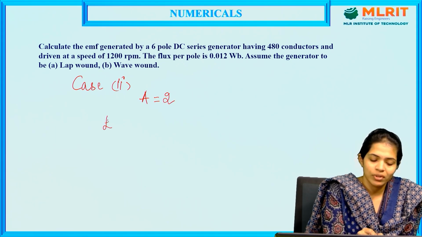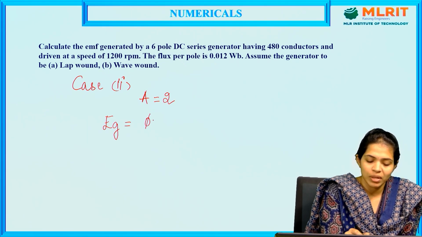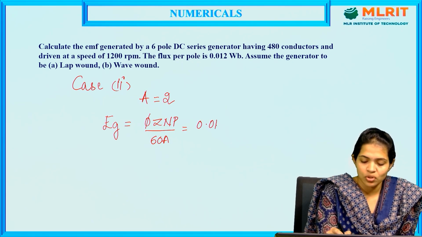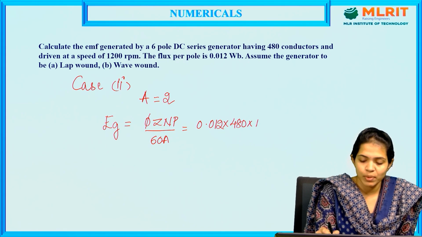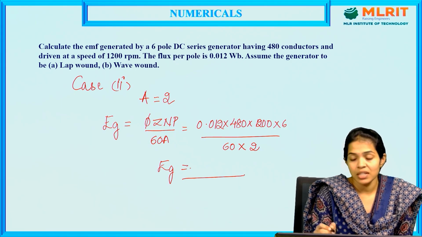Using the same equation, phi Z N P by 60A, we write the flux as 0.012, the conductors as 480, the speed as 1200 rpm and the number of poles as 6. With this we get the EMF generated across the armature when it is wave wound.